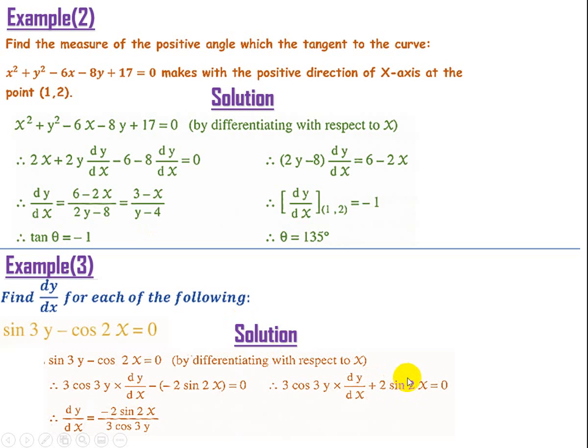Moving 2 sin 2x to the other side using the opposite sign, dy/dx = -2 sin 2x / (3 cos 3y).